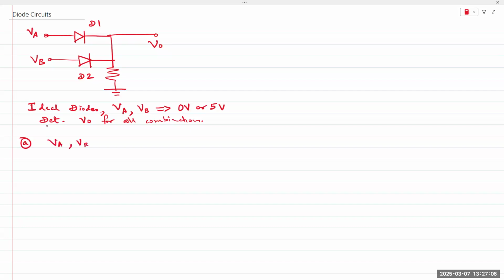If VA, VB is 0 volts and 0 volts, what will the circuit look like? Ideal diode analysis, as a recap: we have an anode and a cathode. We simply have to observe whether the anode is at a higher potential than the cathode. If the anode is higher than the cathode, the diode is on. If the anode is the same as the cathode or less than the cathode, the diode is off.